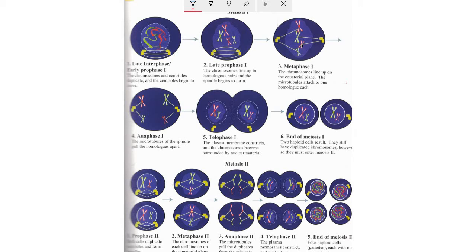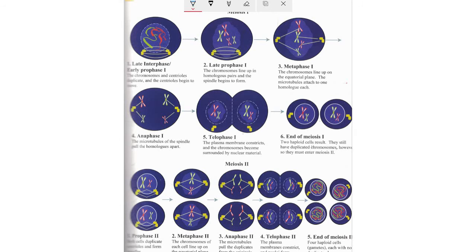Okay, so just like before, interphase is kind of the resting phase. It's when the cells are not reproducing. And then in late prophase, what you get happening is that the chromosomes duplicate.